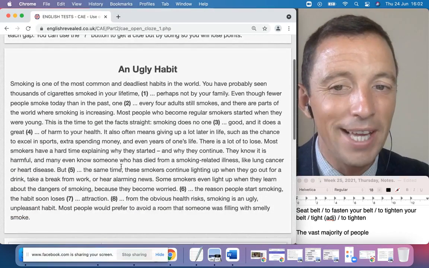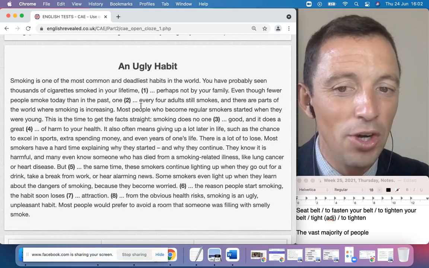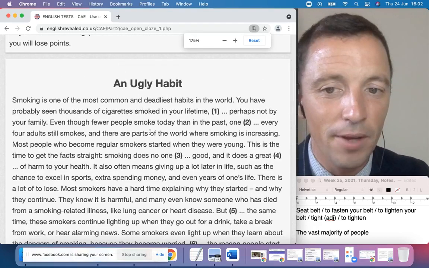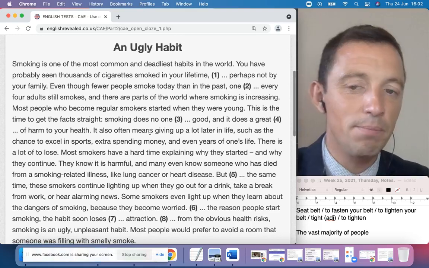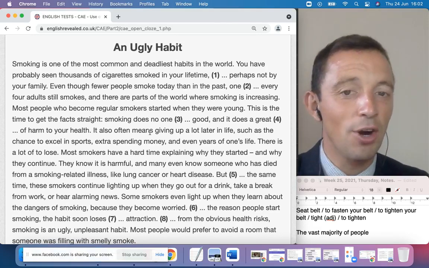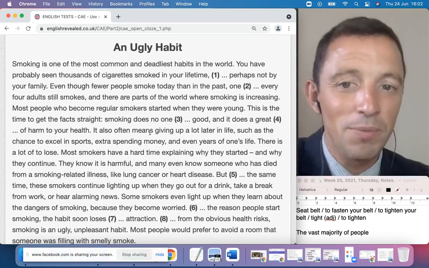So the topic is an ugly habit. Ugly is like feio, okay? The opposite is maybe pretty or gorgeous or beautiful, but something is ugly.